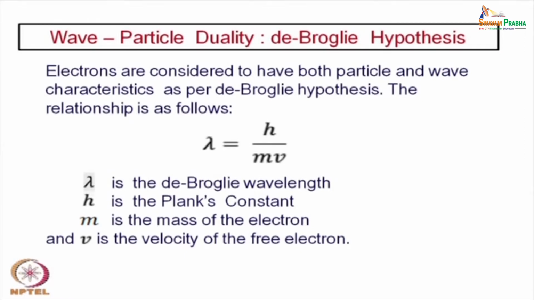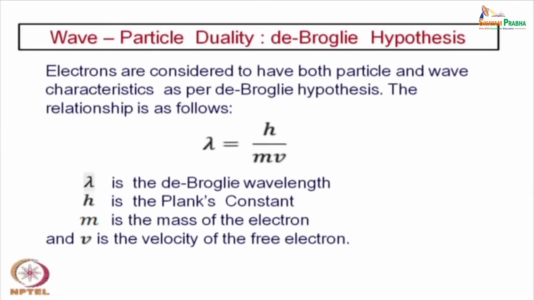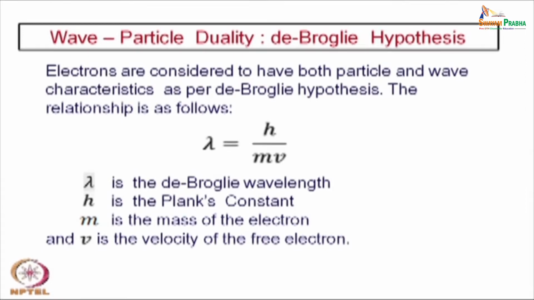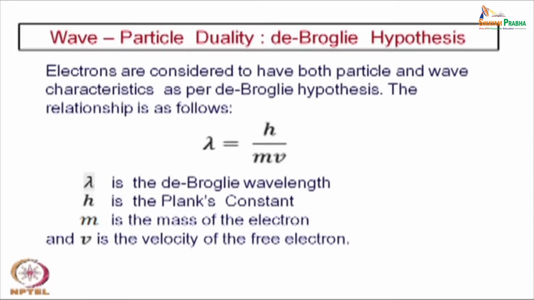Since they have wave characteristics, they have a wavelength, taken as lambda, and that lambda is related to Planck's constant h as well as the mass of the electron, and also the velocity with which it is moving.